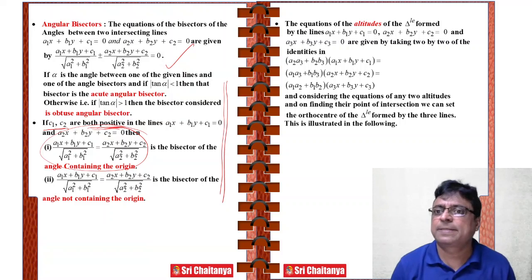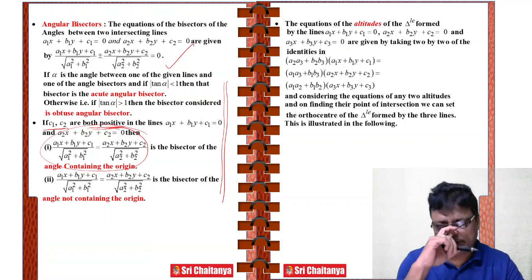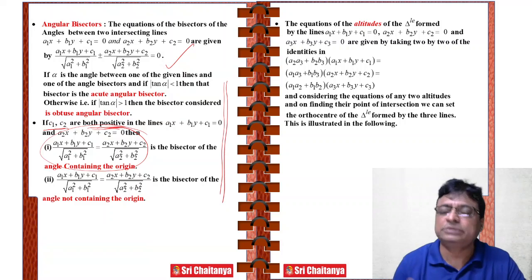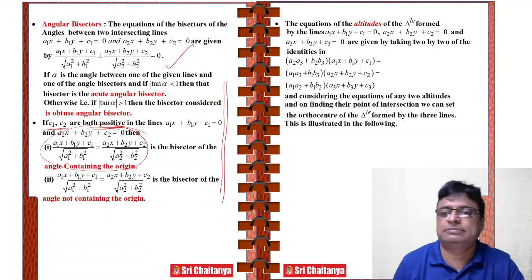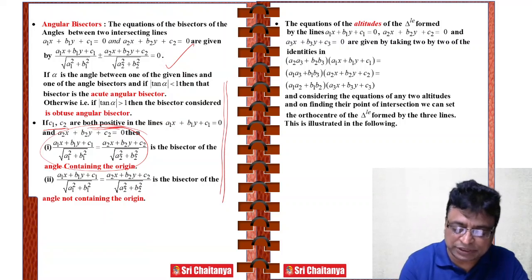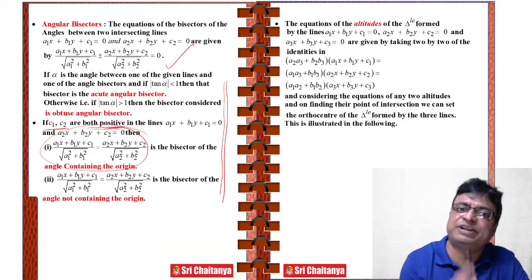Clear, my friends? So this is the way to find angular bisectors, acute and obtuse angular bisectors. Problems based on acute and obtuse angular bisectors and angular bisectors containing the origin or not containing the origin are also very, very important.